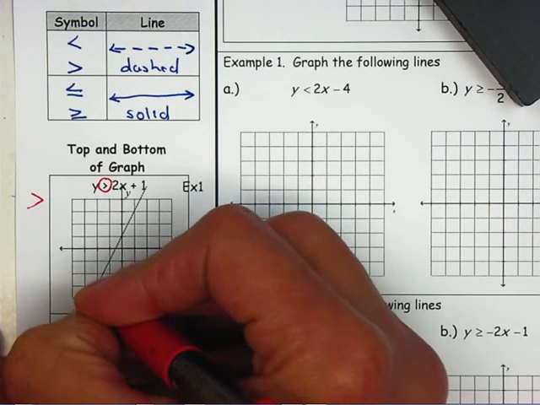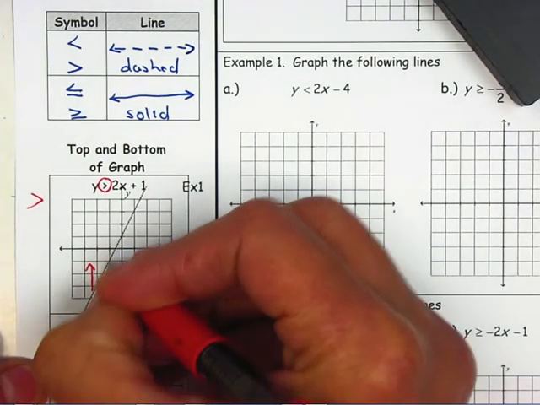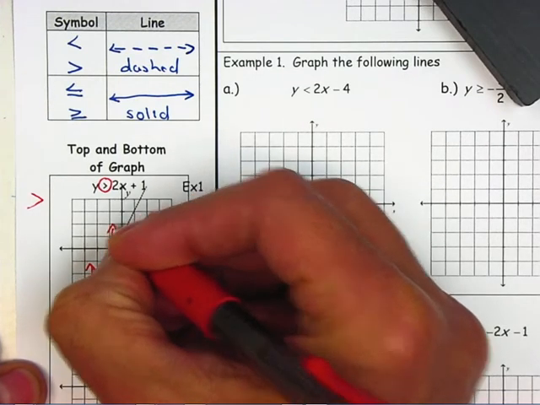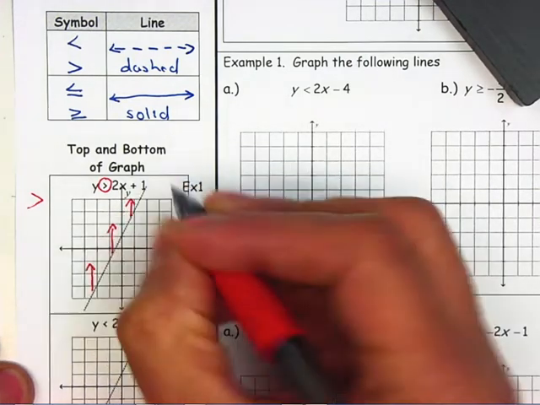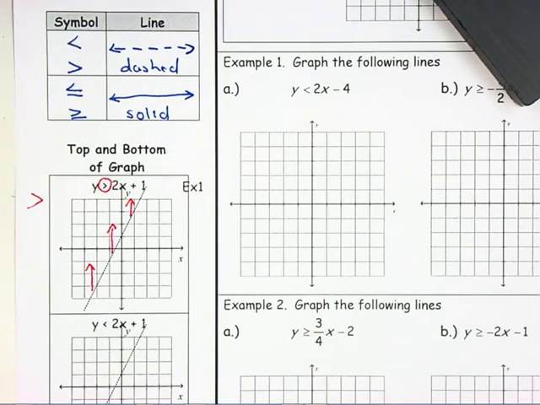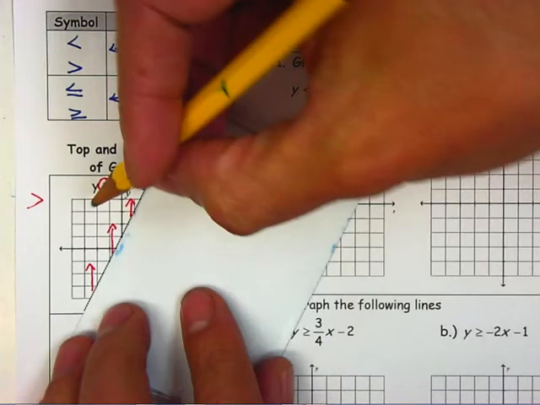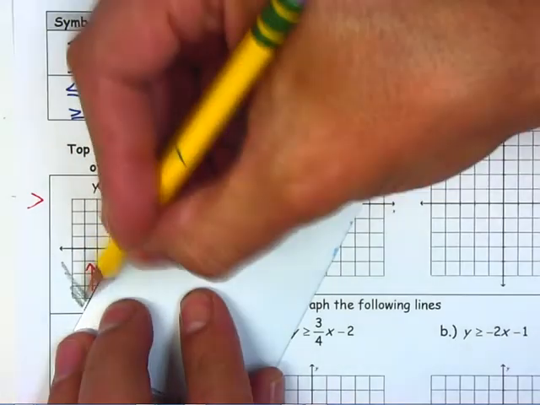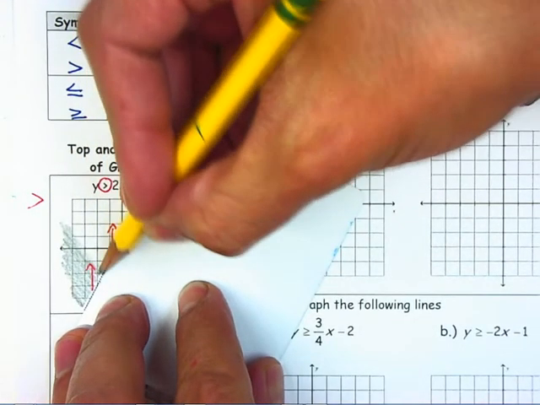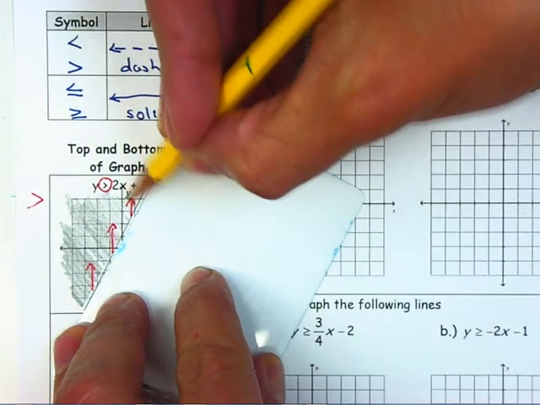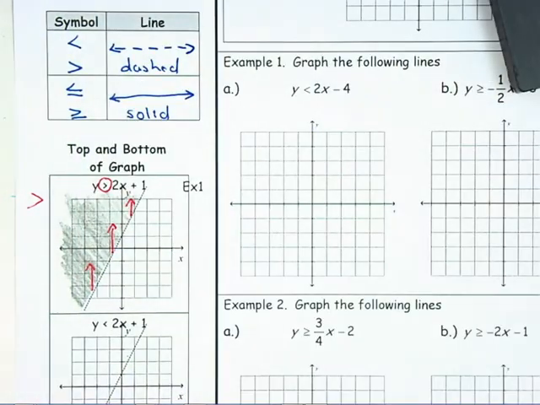I'm going to make 3 arrows going up, and I'm going to be shading the top section. Once I make my red arrows, and yes, everybody needs to make those red arrows, you need at least 2. Ideally, 3 or 4 will be best.